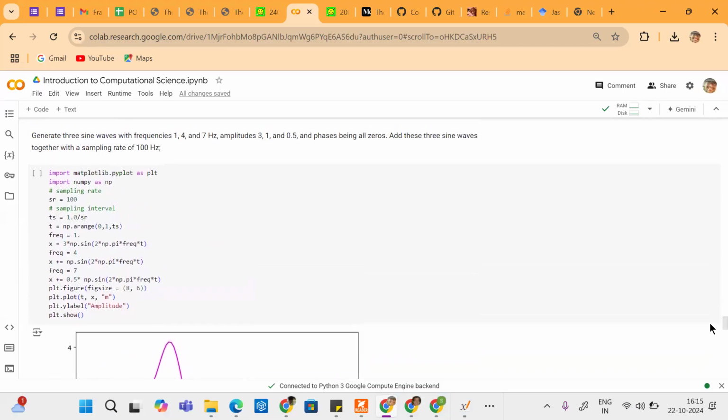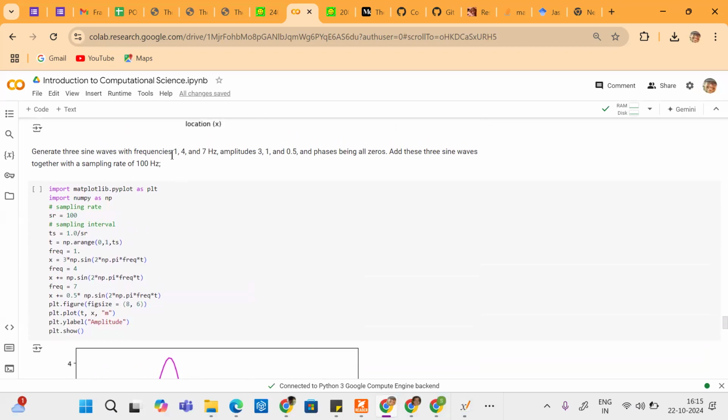Okay. So as per the question, first frequency is 1 hertz, next frequency is 4, third is 7. Okay, see this equation here. I think this is the amplitudes 3, 1, and 0.5. Can you see that the amplitude here is 3, then 1 is multiplied here, 0.5 is multiplied here. Is it clear?